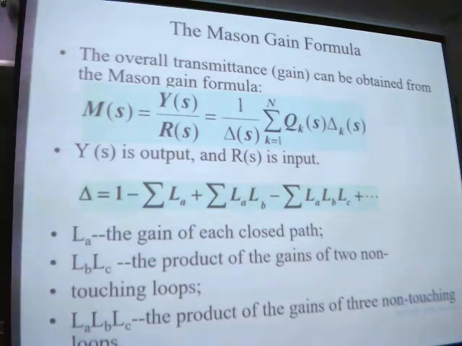It is T(s) equals Y(s) over R(s), and also equal to 1 over delta(s) times the sum from k equals 1 to big N of Pk times delta k(s). Y is the output and R is the input. It is easy to understand.